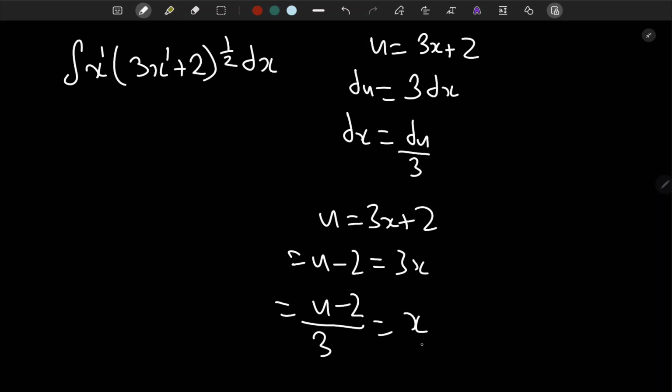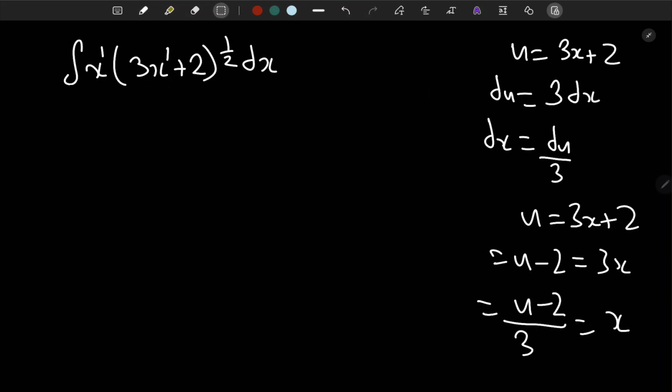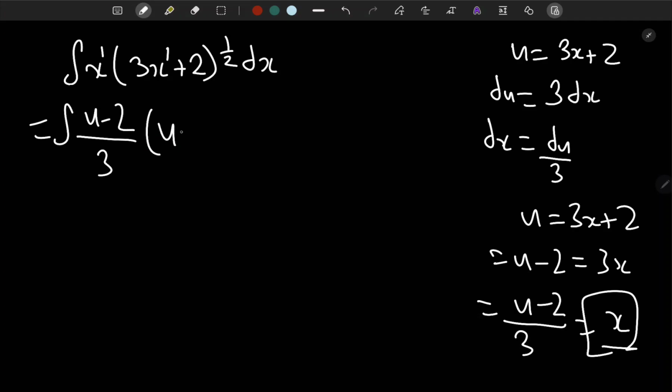So we substitute x as this part over here, and this as u, and let's do that now. So it is equal to integration of u minus 2 over 3, which is equal to x, as we solved for x here, and now open brackets u to the power of half, and dx over here is du divided by 3.